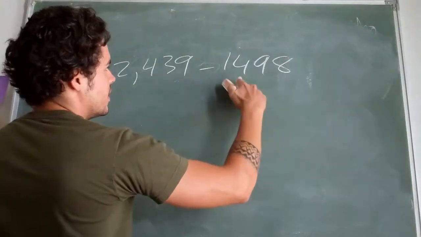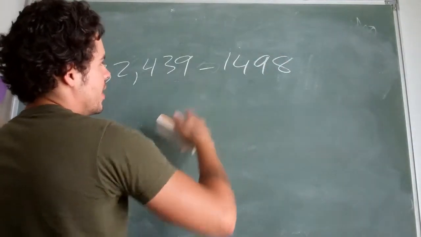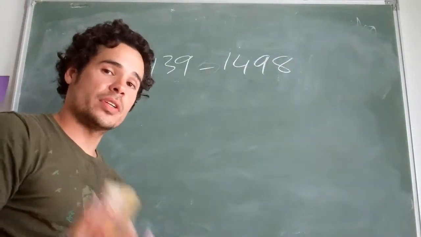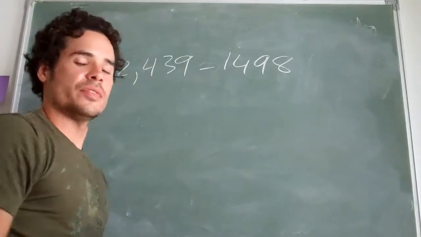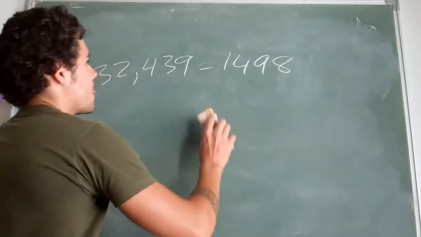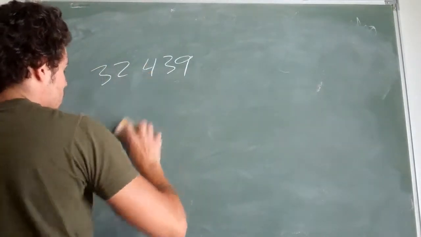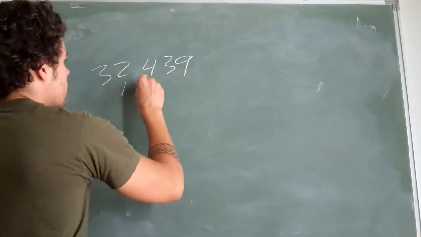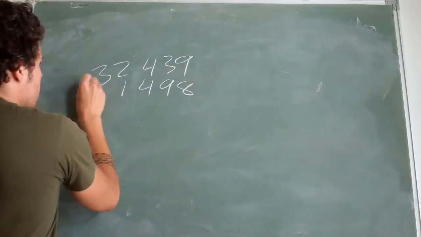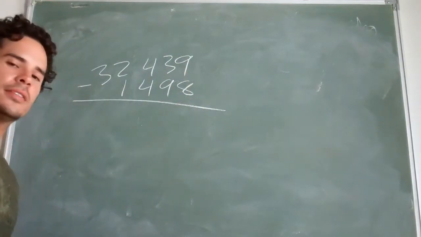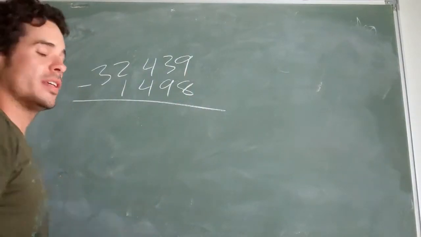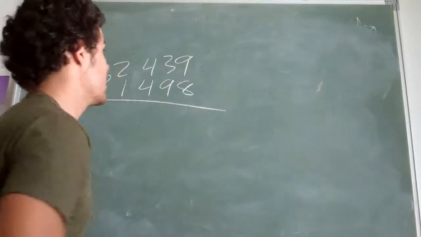So what I'm going to do is take this number. Since it's smaller, by the way, I always take the smaller number and put it underneath the larger number, okay? Because if you do it the other way around, it just won't work. That's all. So now I'm going to do the exact same things I've already been doing in the first place.